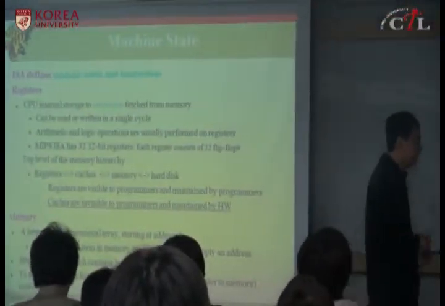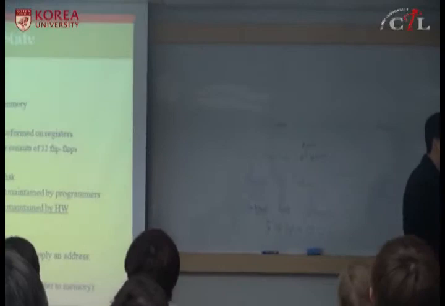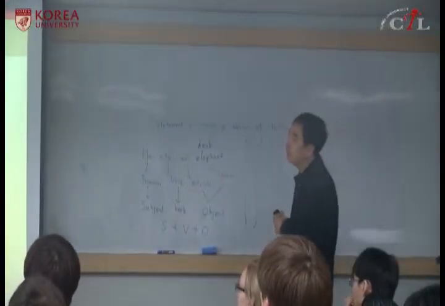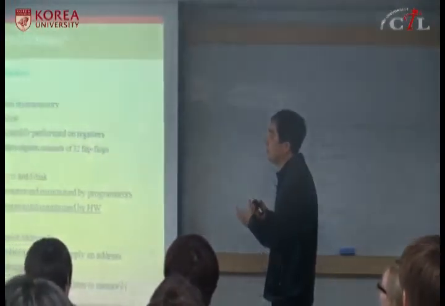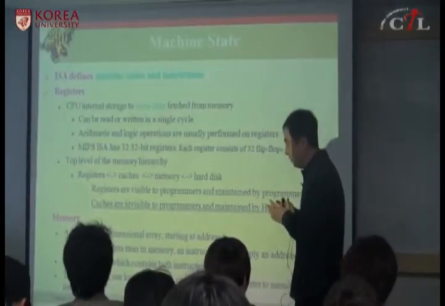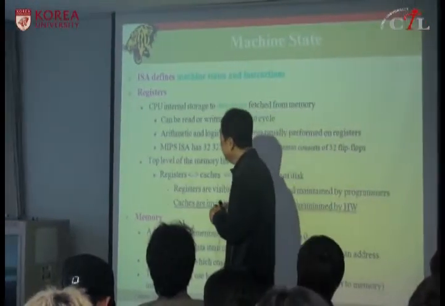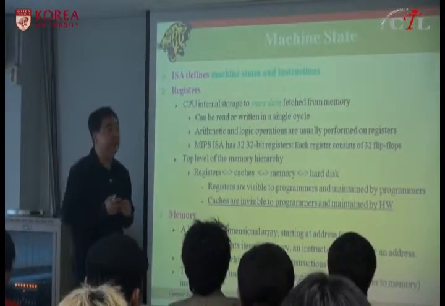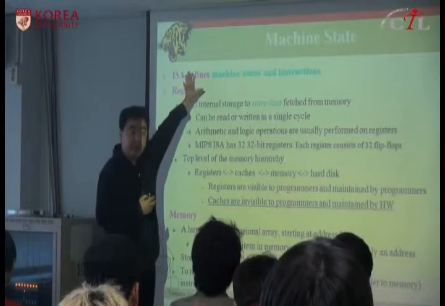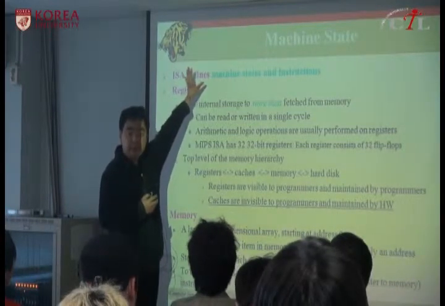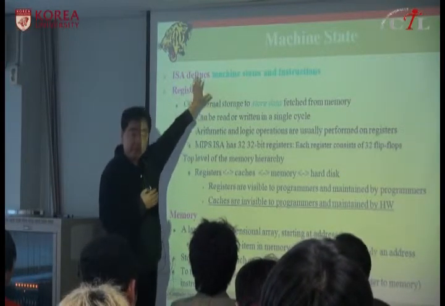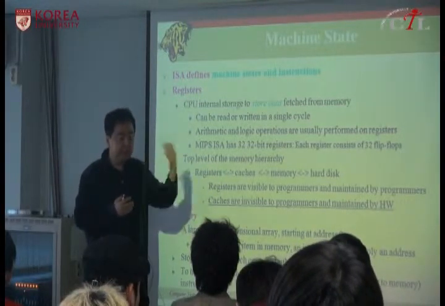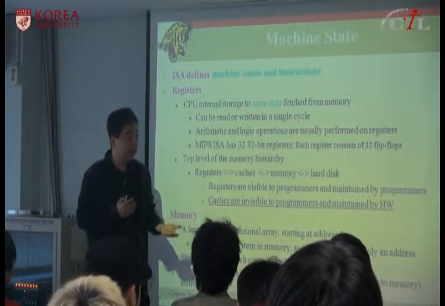Okay, so this is a general introduction to the compiler and the translation process. And let's go to instruction set architecture and machine language. As we have discussed, to design a machine with an instruction set architecture, you have to define the set of machine instructions, and each machine instruction, as a result of execution, updates the machine state.